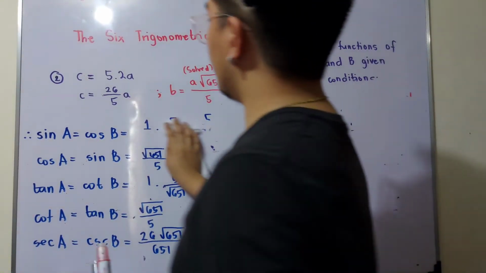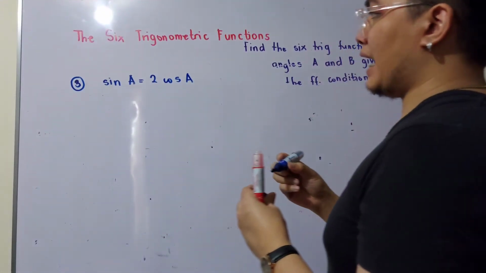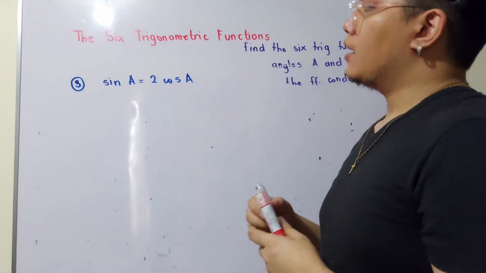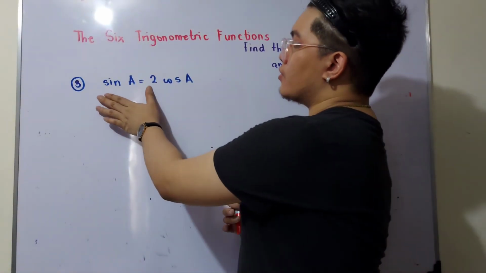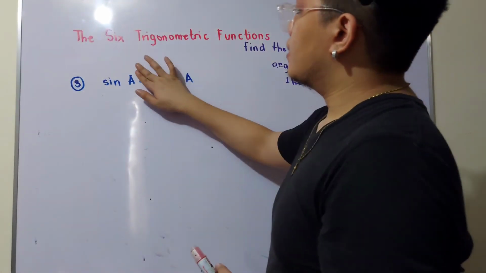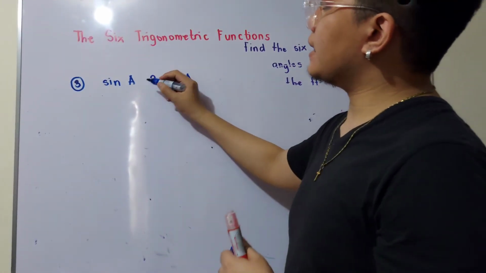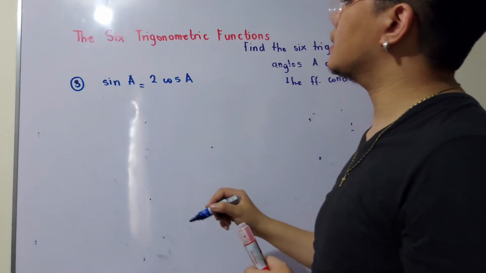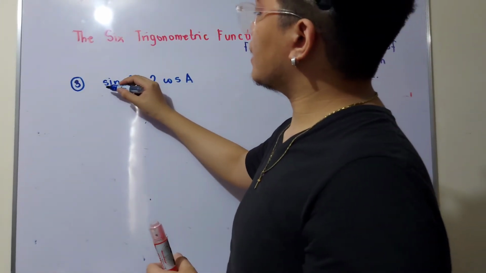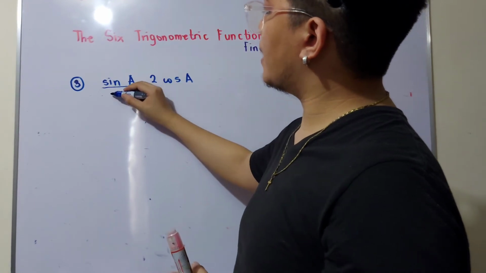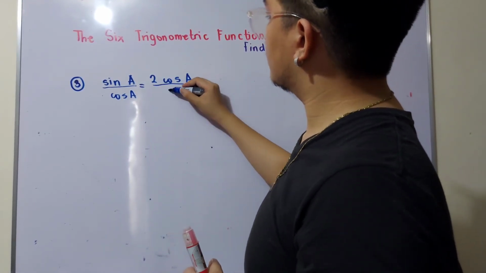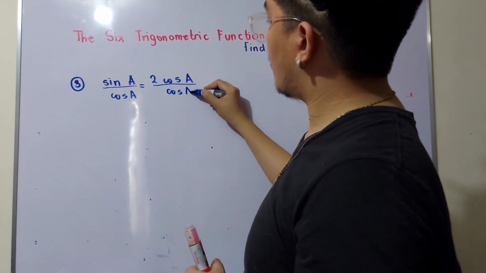Okay, last example. Sine A is equal to 2 cosine A. So ngayon, pag binigyan kayo ng ganito, the simplest thing to do is to express this equation into one trigonometric function. So ngayon, ang gagawin natin, mag-divide ako both sides by cosine A. Okay.